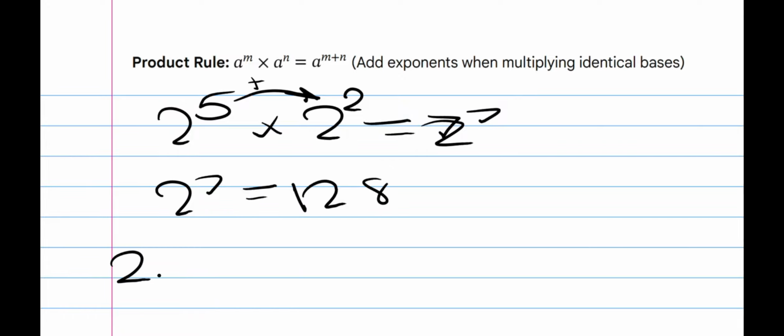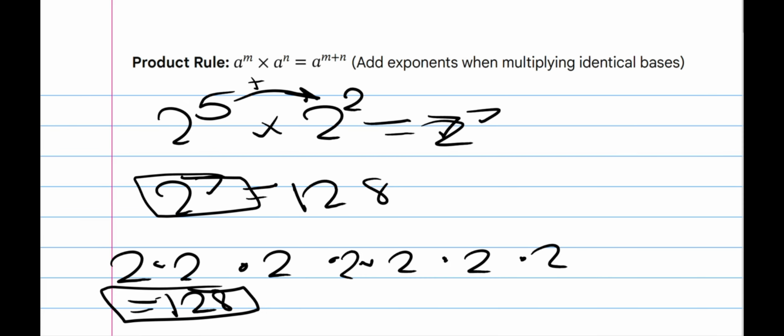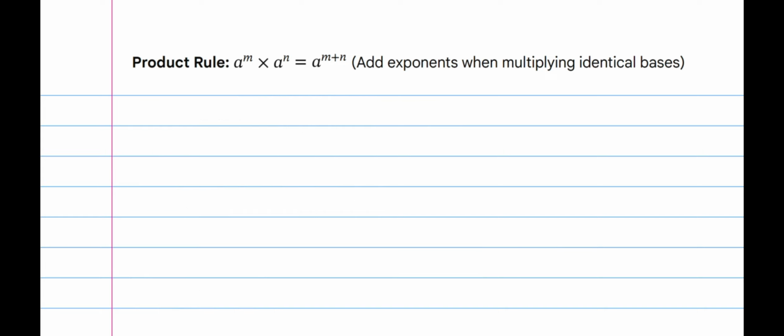Or if you want me to expand it, that would be 2 times 2 times 2 times 2, and the product of all of these would be 128. And that's how you answer product rules in the laws of exponent.